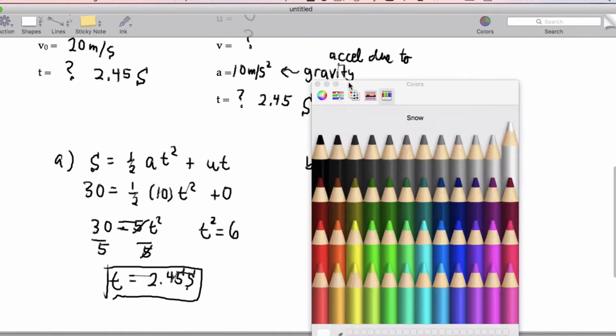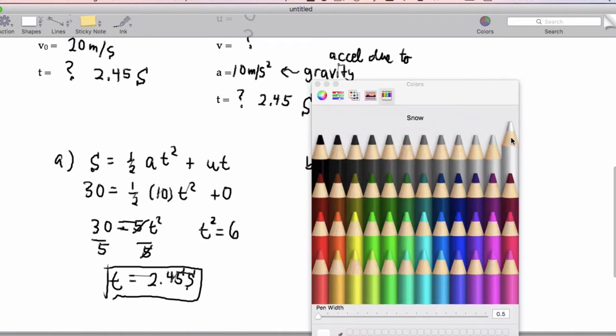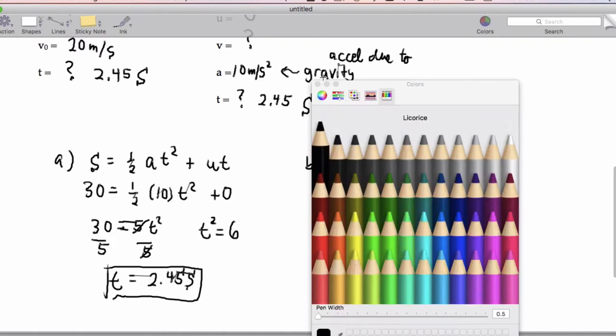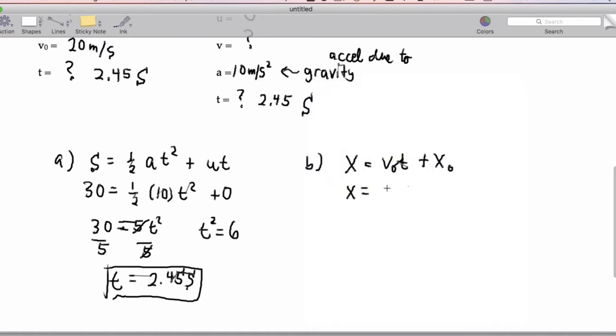I want to get the order of this right, because I know I'm multiplying, but I want to make sure that you can be really clear on what I'm putting in for each number. So just to be clear, once again, I'm going to put v naught in the x direction as 20, and this is times 2.45.